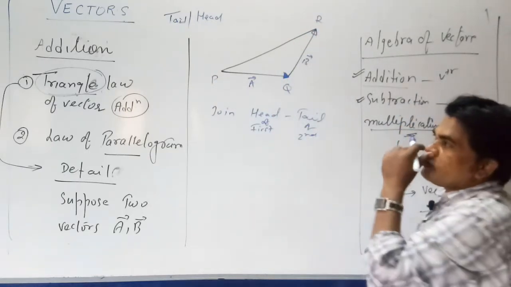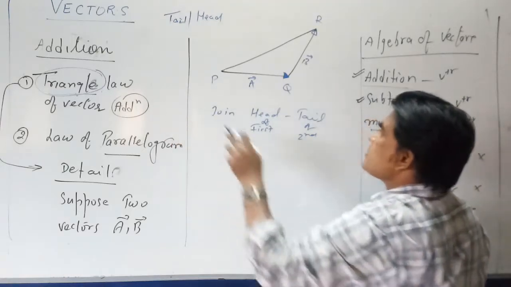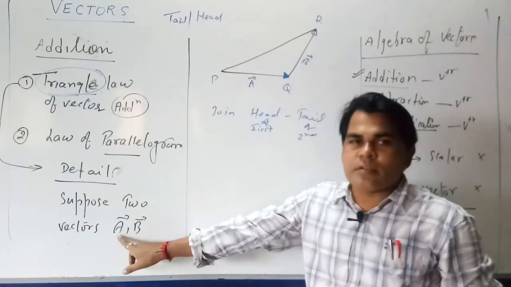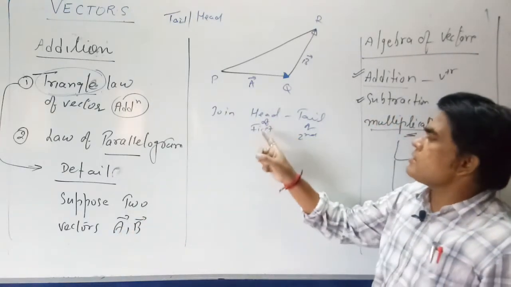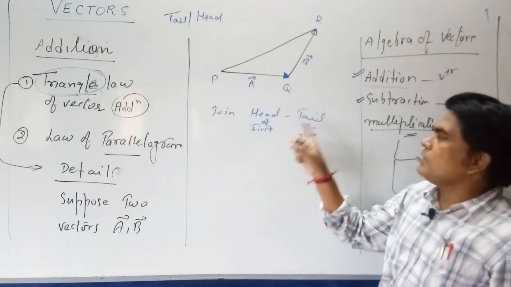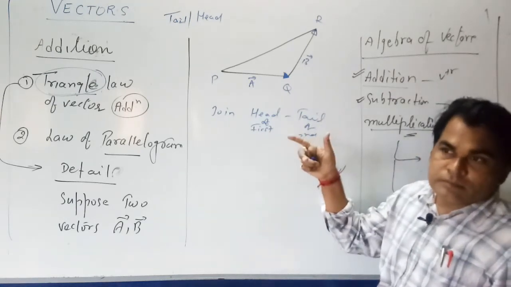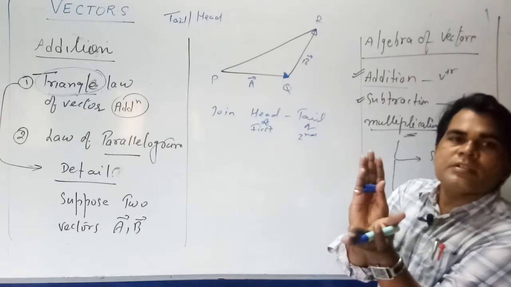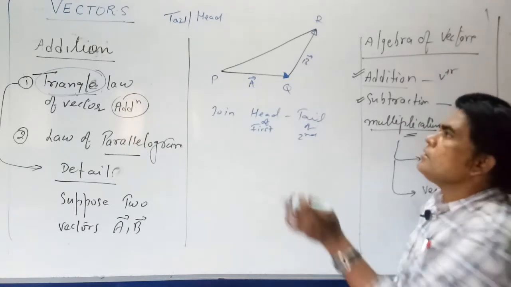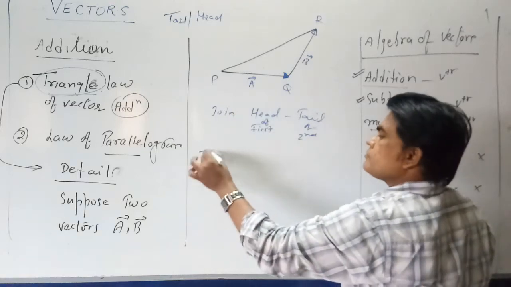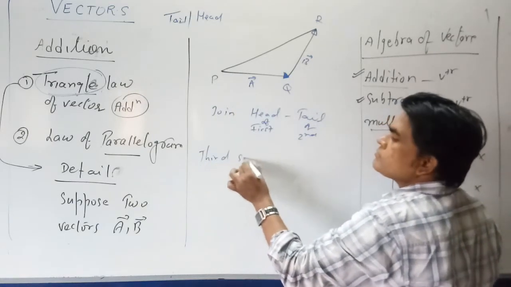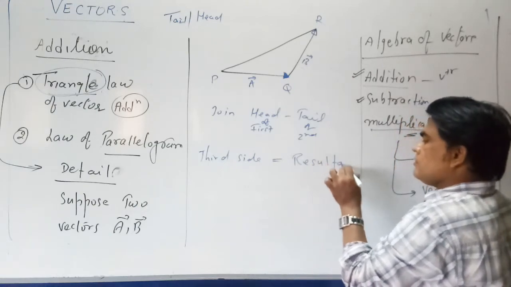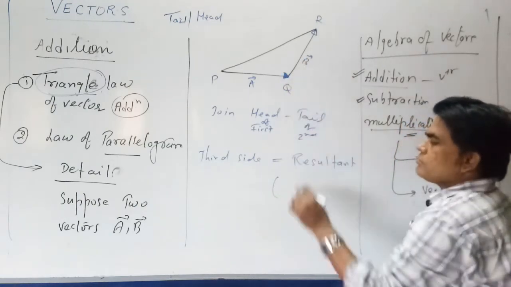So the triangle law of vector addition says that if you arrange two vectors such that the head of one lies on the tail of the other, as two adjacent sides of a triangle, then the third side will be the resultant, meaning the sum of these two.